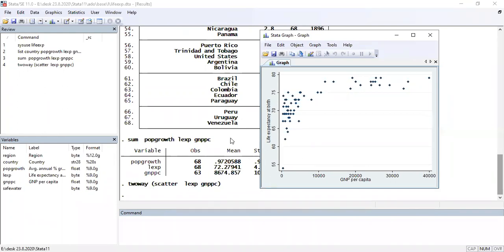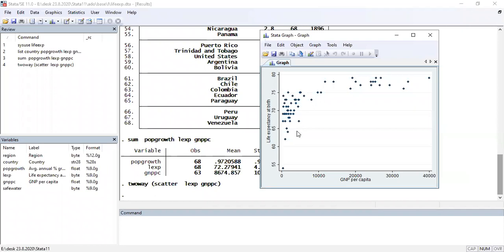The first one should be on the vertical, life expectancy on the vertical, GNP per capita on the horizontal. I cannot answer why commands are like that. Software engineers put these commands there for us to use them.